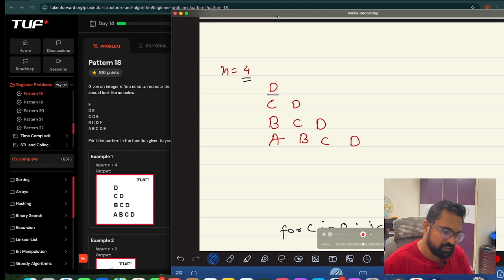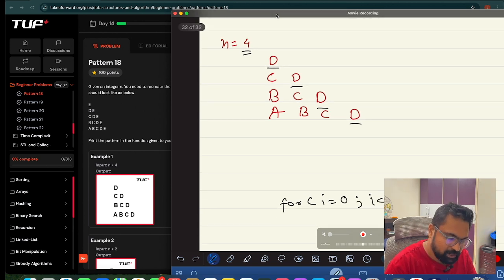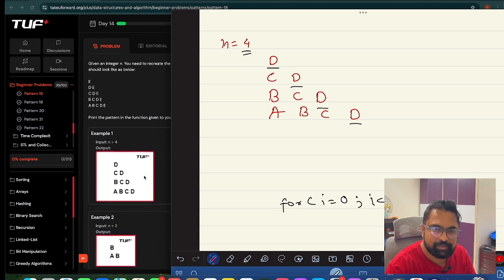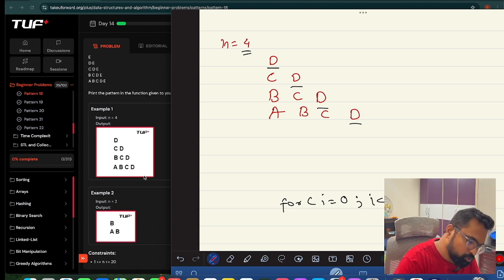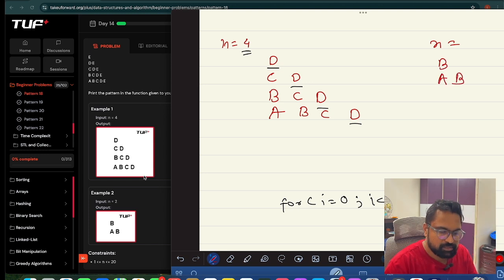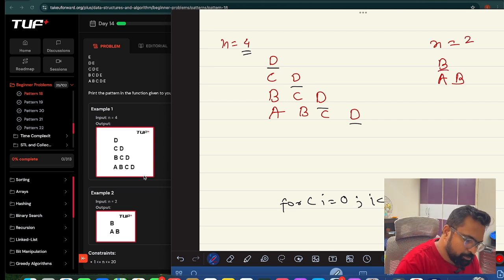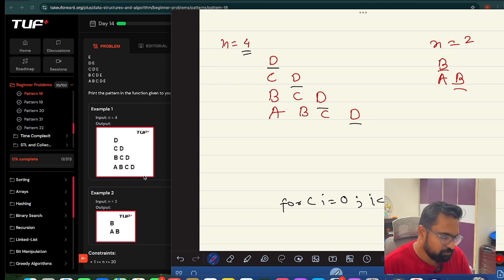It is starting with D, and every line is ending with D. And in the second example, where n is equal to 2, the second row starts with B. So this character is important. How can we find out this particular character? That is the question.